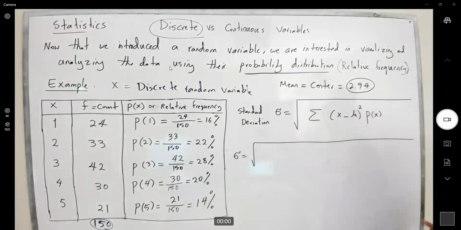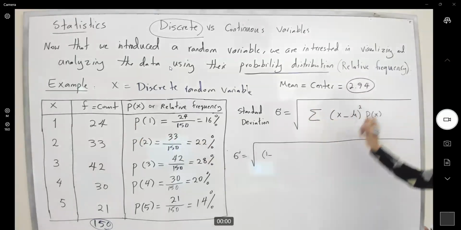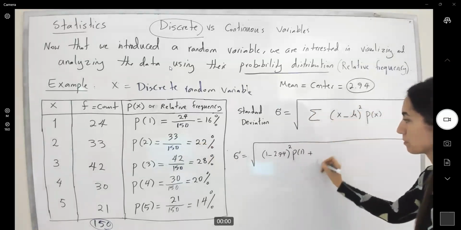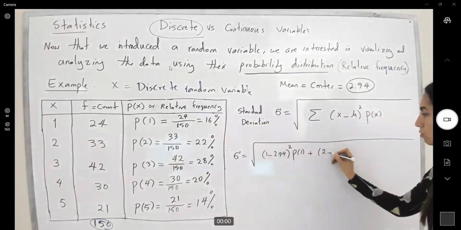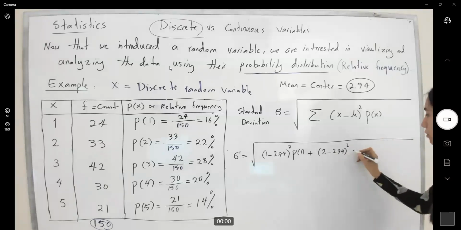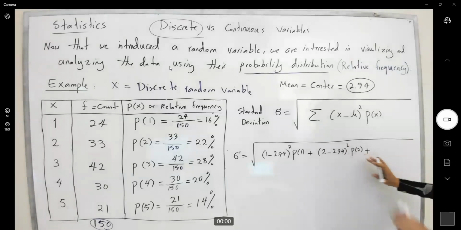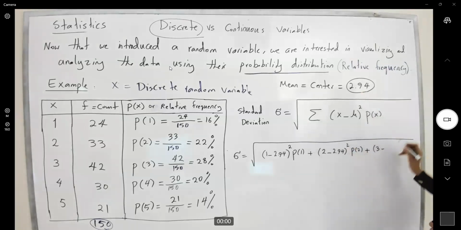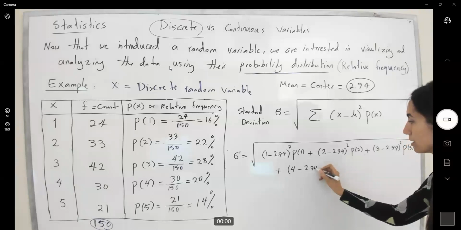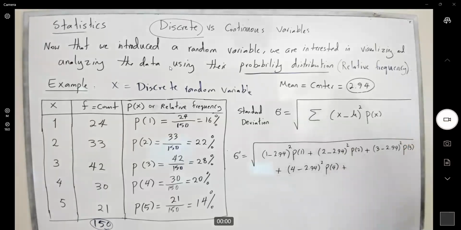Okay, have more calculations here. The very first x is 1. 1 minus the mean, which is 2.94, to the second times p of 1, plus the second x is 2, minus the mean 2.94 to the second times p of 2, plus the next x is 3, so 3 minus 2.94 to the second times p of 3, plus we have 2 more variables, 4 minus the mean, which is 2.94, to the second times p of 4, plus, finally, the last variable is 5. 5 minus 2.94 to the second times p of 5.